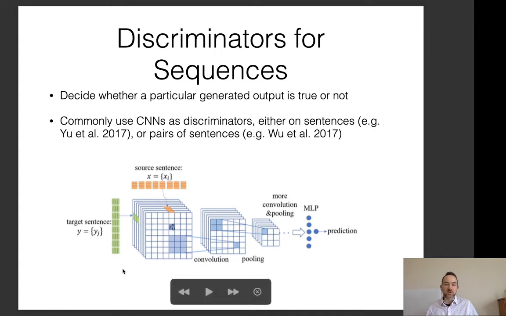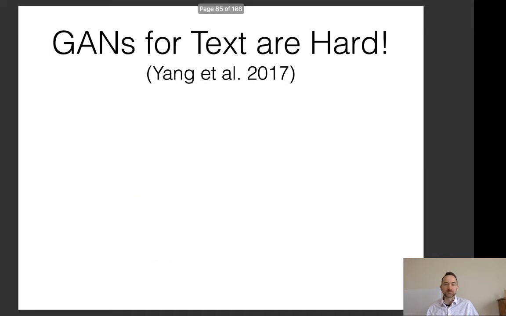This is one example that uses a three-dimensional convolution to help you do this. It basically forms the source sentence and the target sentence into a three-dimensional tensor and does convolution and pooling over them to try to make the final prediction. So this is something you might also consider if you want to work with adversarial methods for text.